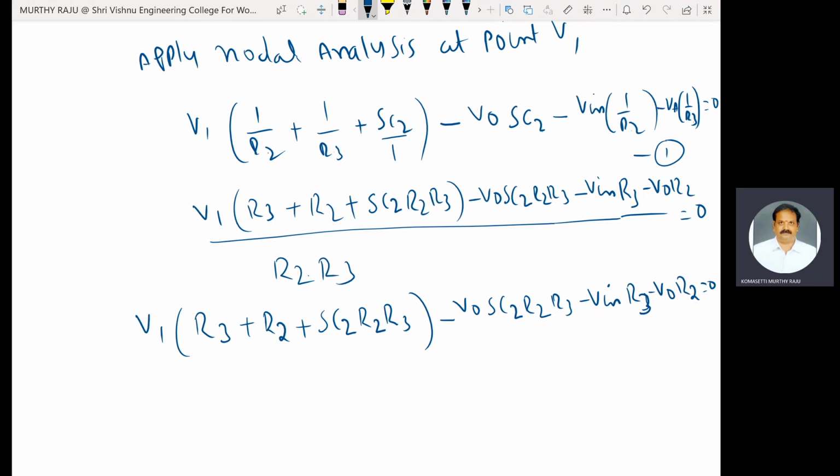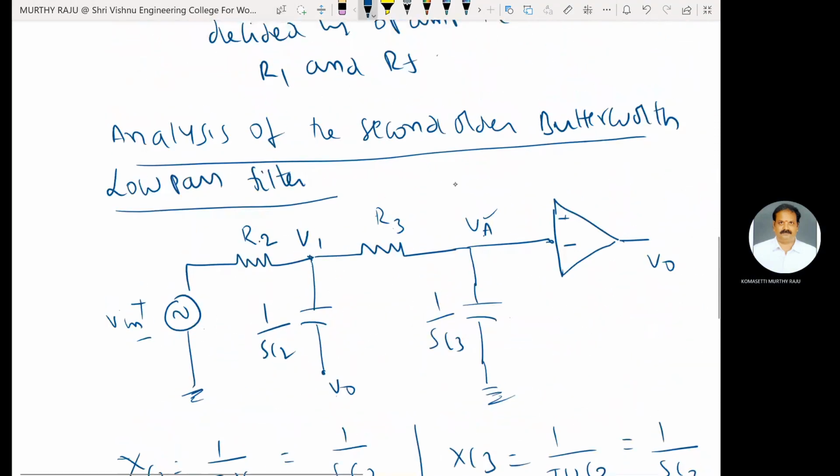This is the simplified equation 1. Now apply nodal analysis at VA.